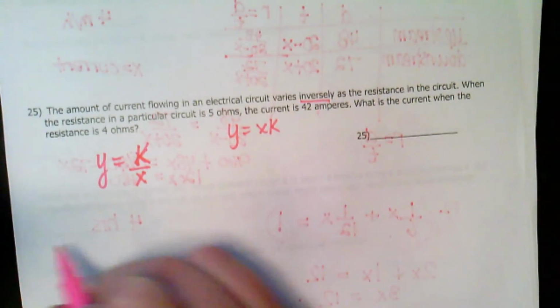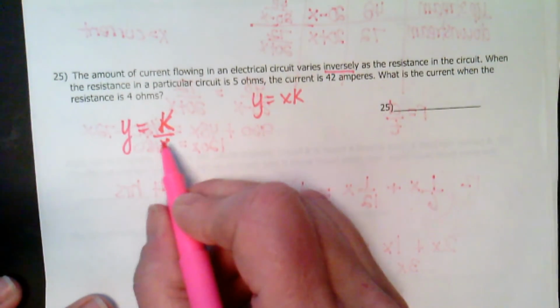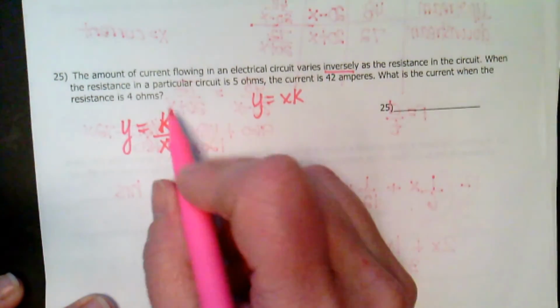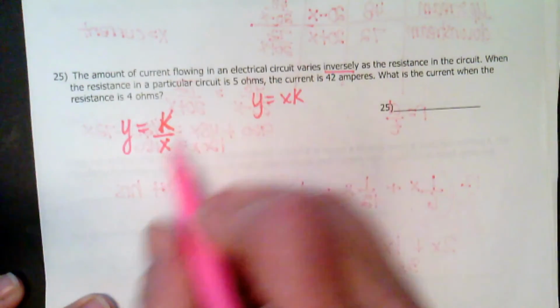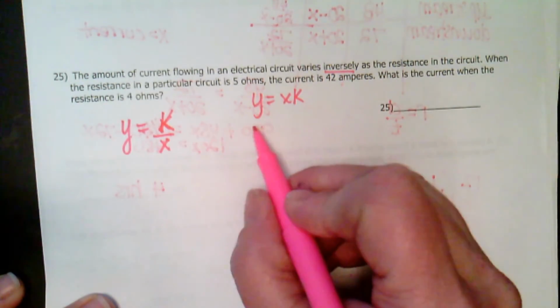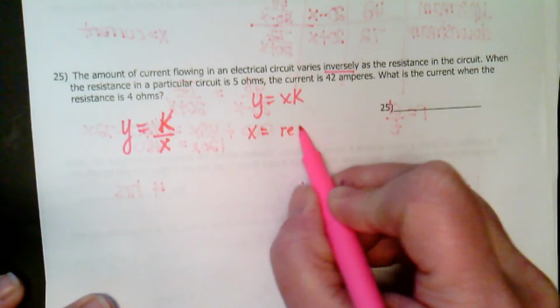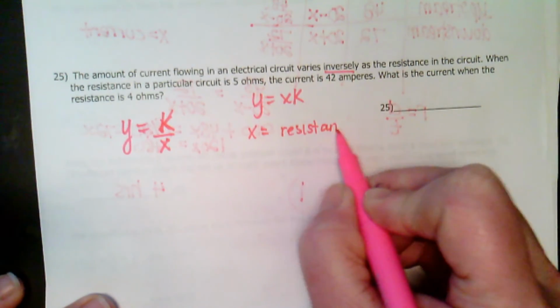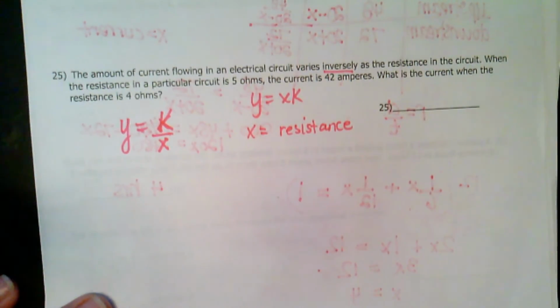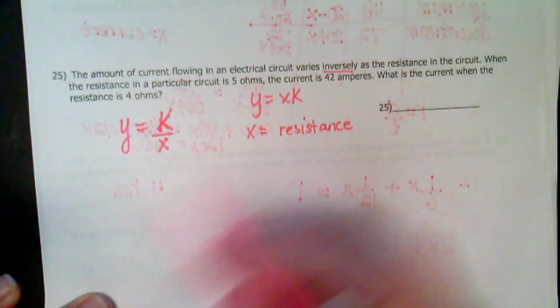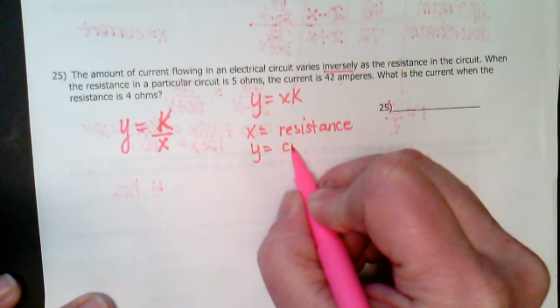So our first step is to plug stuff in and solve for k. Our x in this case is our resistance, so that we can keep track when we're reading. And then y is our current.